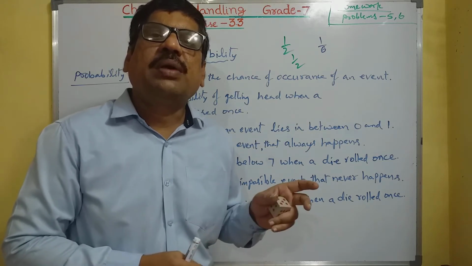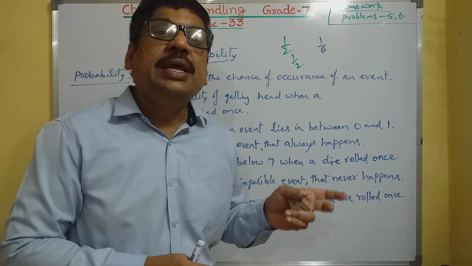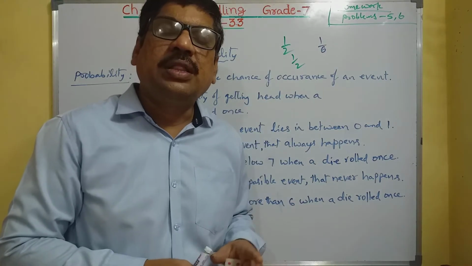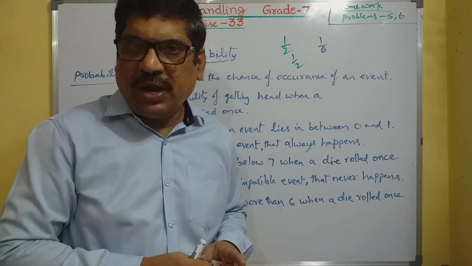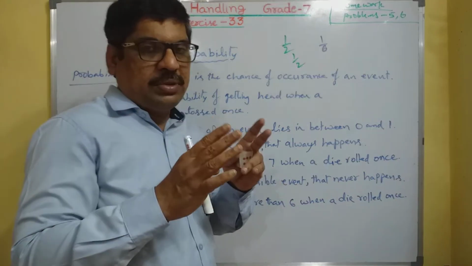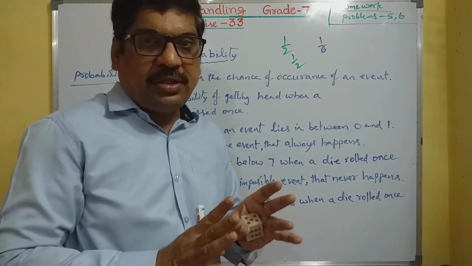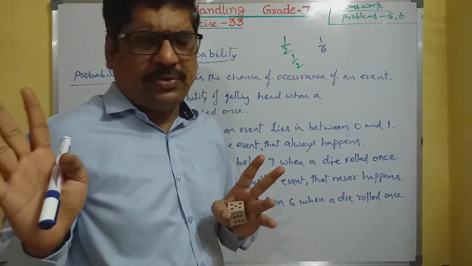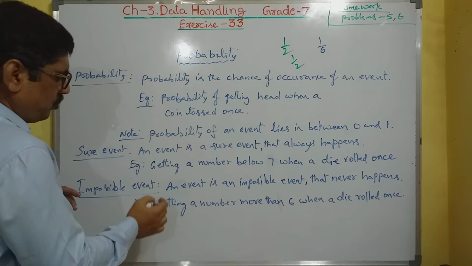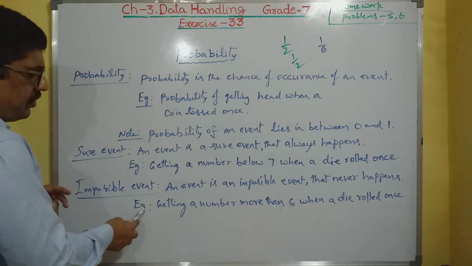For example, do we get 32 days in the month of September? No, we never have like that. The maximum number of days in the month of September is 30 only. So that is an impossible event. It never happens. Such events are called impossible events. See, here I have given an example also.